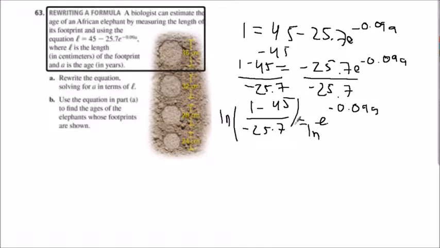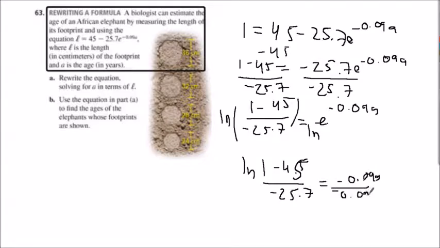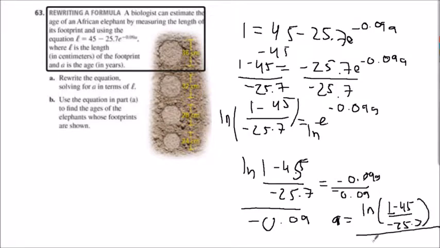So we have the natural log of this whole thing, L minus 45 over negative 25.7, is equal to negative 0.09a, and then you just divide by negative 0.09, and this is our function right here. So a is equal to the natural log of (L minus 45) over negative 25.7, all over negative 0.09. I'm not even sure if that fits, yes it does, okay.